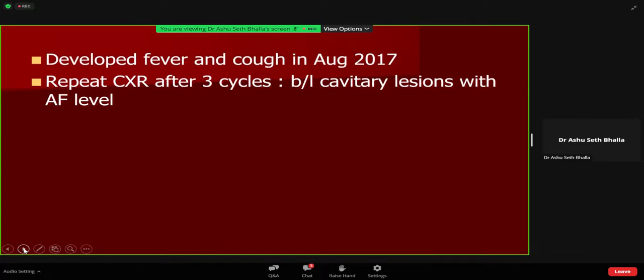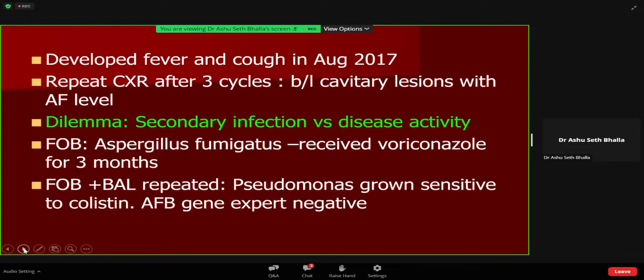Again, the call is always how much to go with the immune suppression, whether to stop it or not. Eventually a BAL was required, which revealed Pseudomonas, and basically the entire air fluid level was part of the secondary infection. The patient in fact grew two organisms, Aspergillus fumigatus and Pseudomonas.